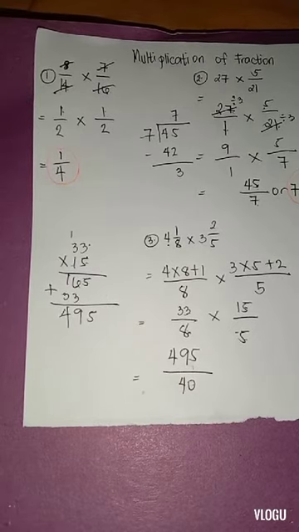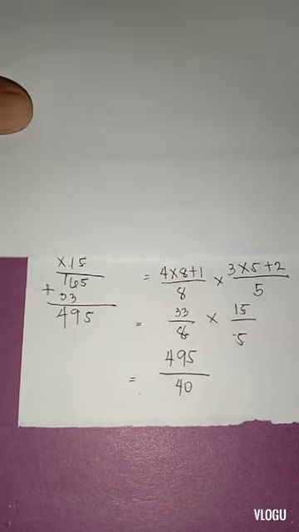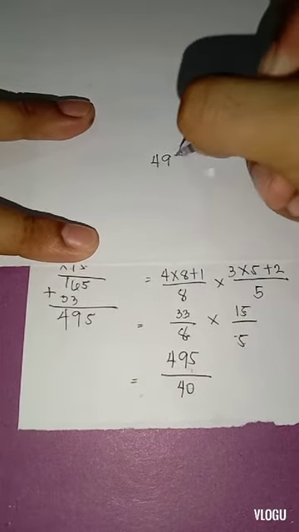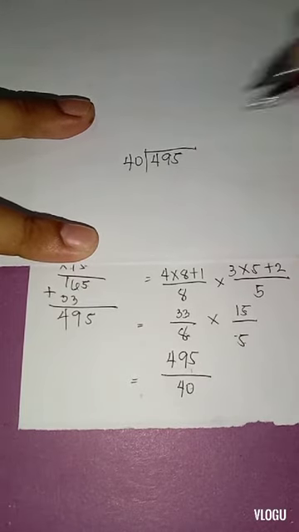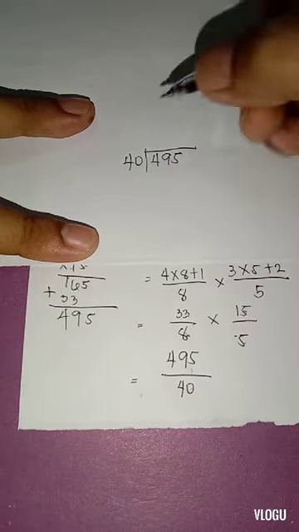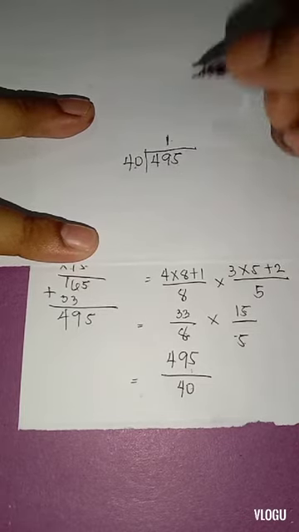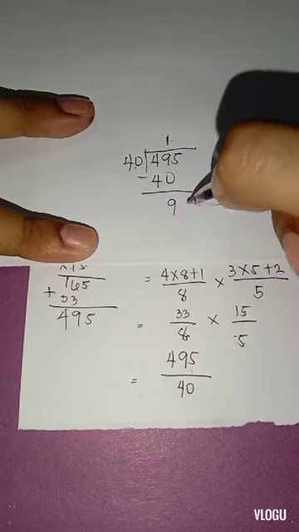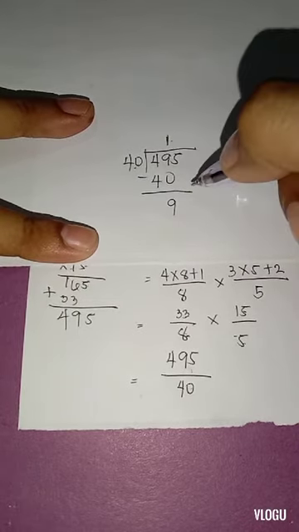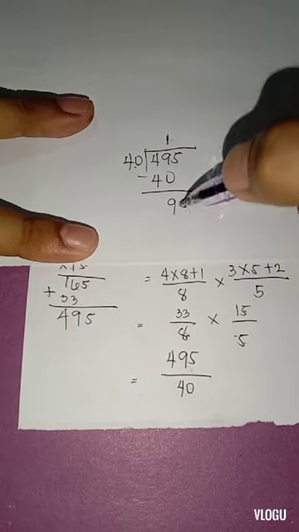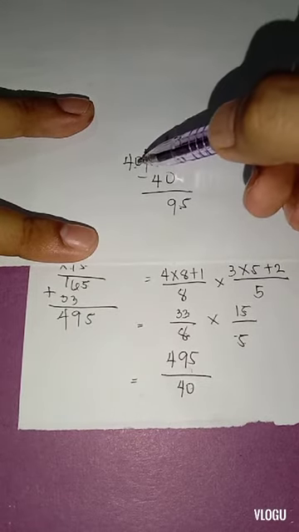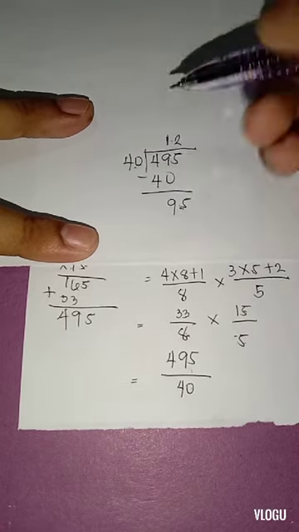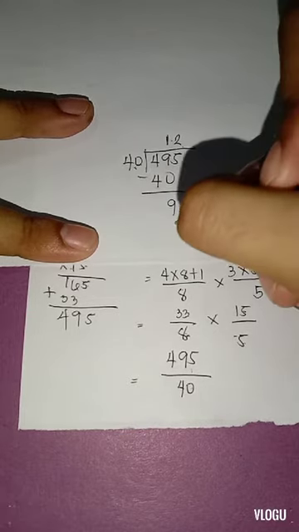Okay. Since mas malaki itong sa ating numerator kay denominator, we will reduce it into lowest term. So to reduce it into lowest term, so papakita ko siya dito. So meron tayong 495 divide by 40. So 49 divide 40, we have here 1. So 40 divide 1 is equals to 40 rather. Bring down 9. So 49 minus 40 is 9, and then bring down 5. So 95 divide 40 is equals to 2. So 40 times 2 is equals to 80.